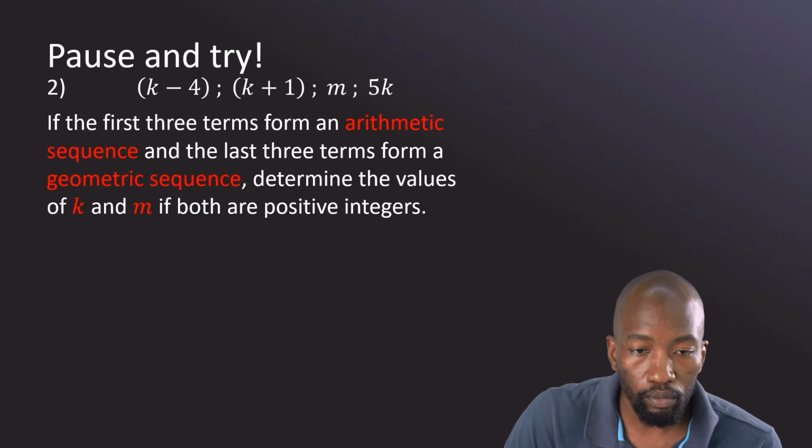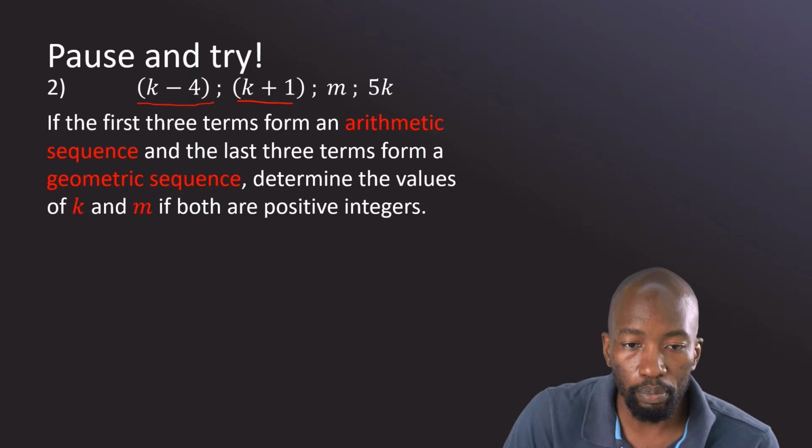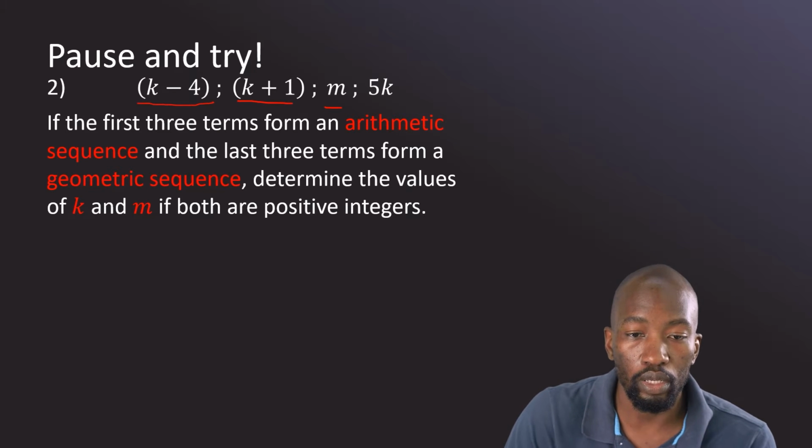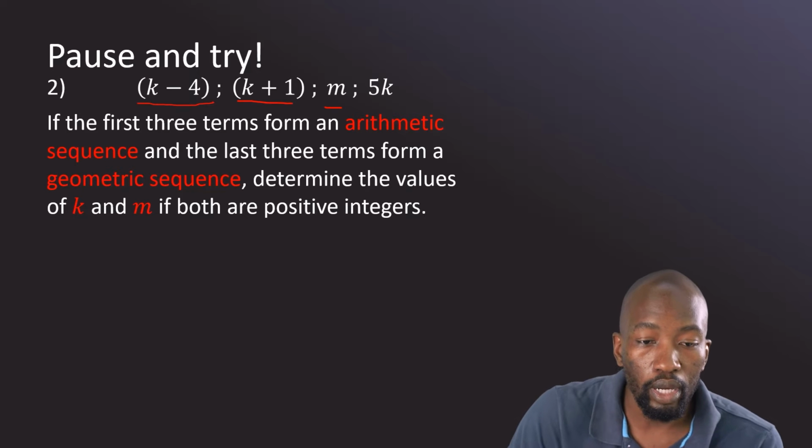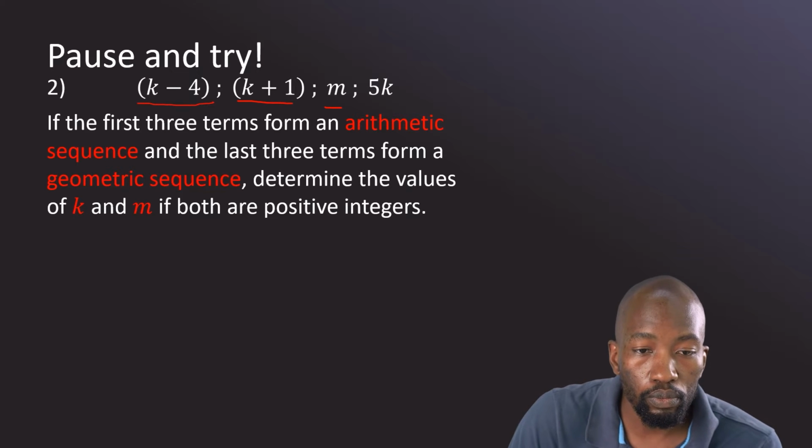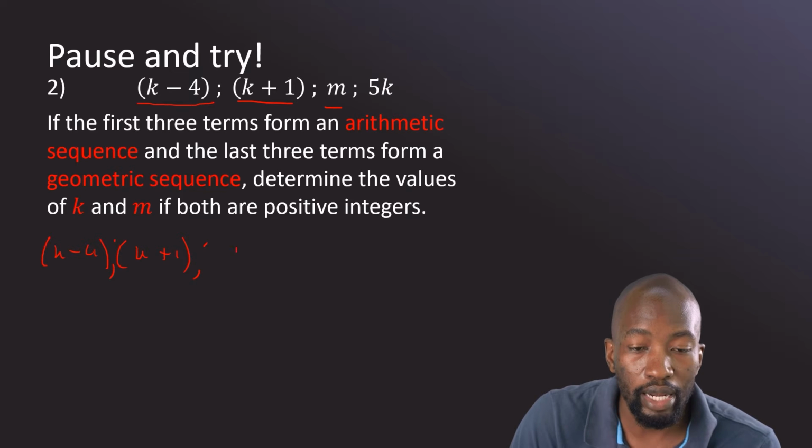Now, we know that this will be term 1, that will be term 2, and this will be term 3. And these form an arithmetic sequence, right? So let's just put them in order: k minus 4, k plus 1, and m.